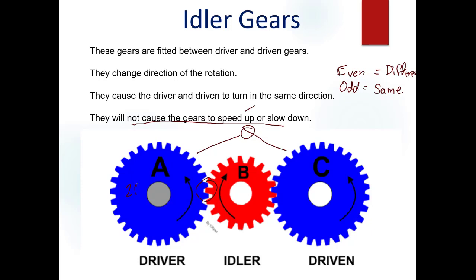Here, if that has 20 teeth, and that has 20 teeth, and B only has 10 teeth, A and C will always turn at the same speed if they are the same size. So the idler gear makes no impact on the gear ratio between the driver and the driven. So basically, for any equation, you can ignore the number of teeth on the idler gear, just look at the driver and the driven.